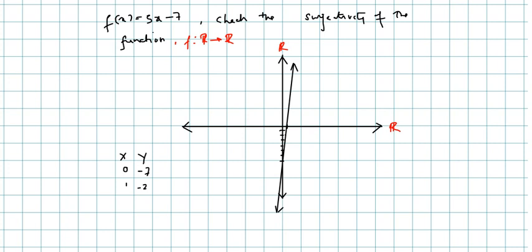Take randomly any point, let us say this is y dash. It has a corresponding x dash. Similarly, if I take this point here, this is minus y, we have a corresponding minus x. Hence, we can say that this is surjective.